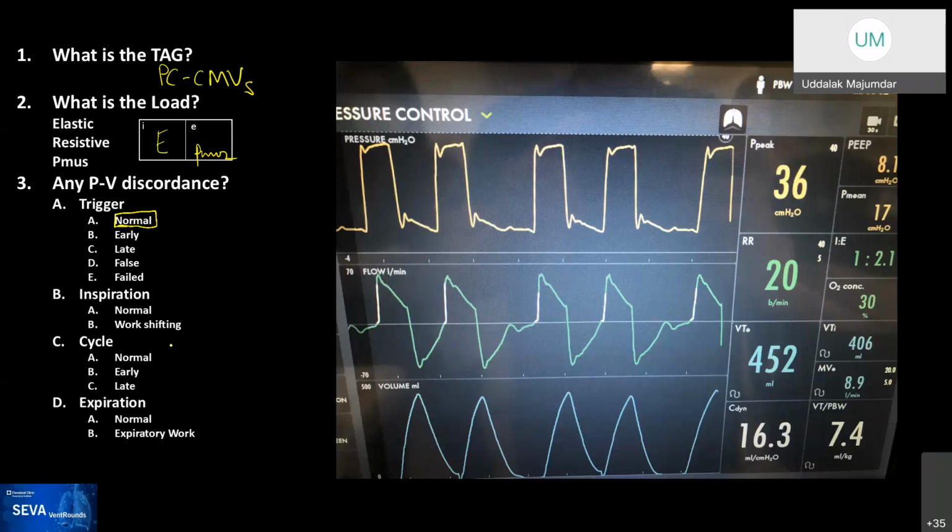When the patient is planning to take a breath, I think it's responding appropriately as far as I can make out. Inspiration, I think that there is some work shifting, as you can see with the deflections in the flow waveform.